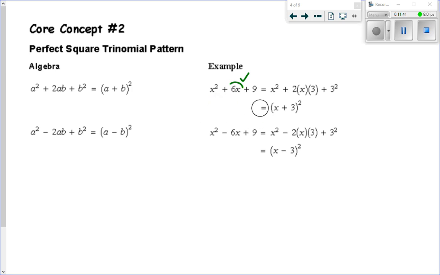Let me just show you really quickly why you can't just assume that anything with a perfect square on either end is going to be a perfect square trinomial. Well, I can factor this.